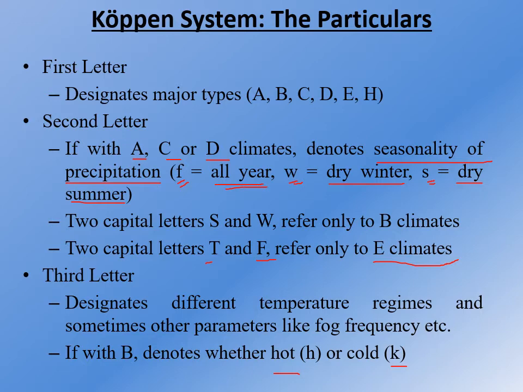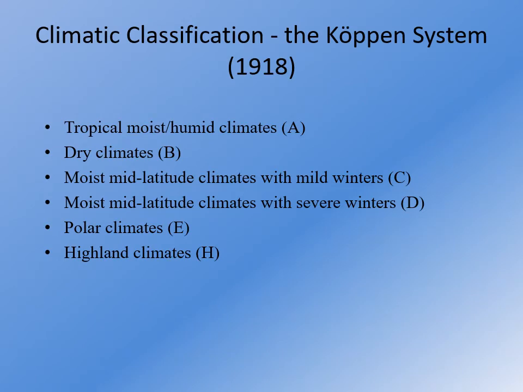Now, as I already told you, the climatic classification proposed by Köppen in 1918, and according to it, Köppen divided five major types, that is the tropical moist or humid climates, which is designated as capital A, dry climate, which is designated as capital B, moist mid-latitude climate with mild winters as capital C, moist mid-latitude climates with severe winters, capital D, and polar climates as capital E. So these are the five groups initially proposed by Köppen.